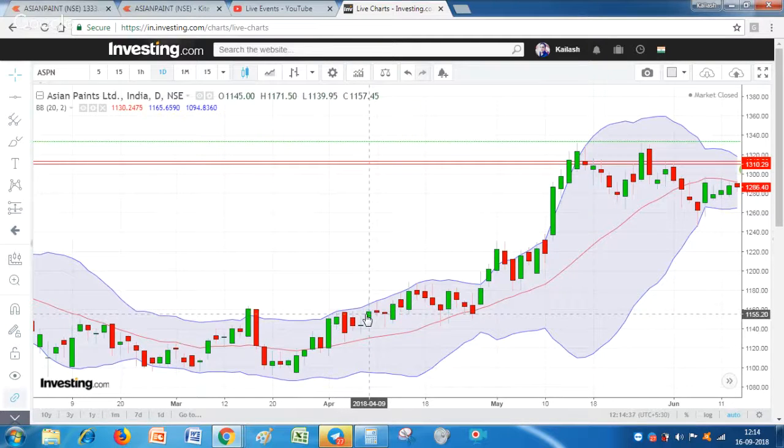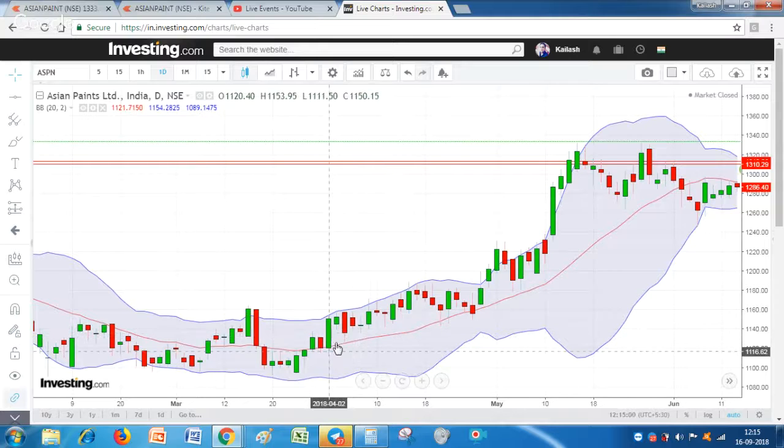But if we still remained in this position, within a few days the stock moved up and made it up to this level. So friends, here we have to take a decision. Suppose we have taken entry above this level, we can keep a stop loss at cost to cost.